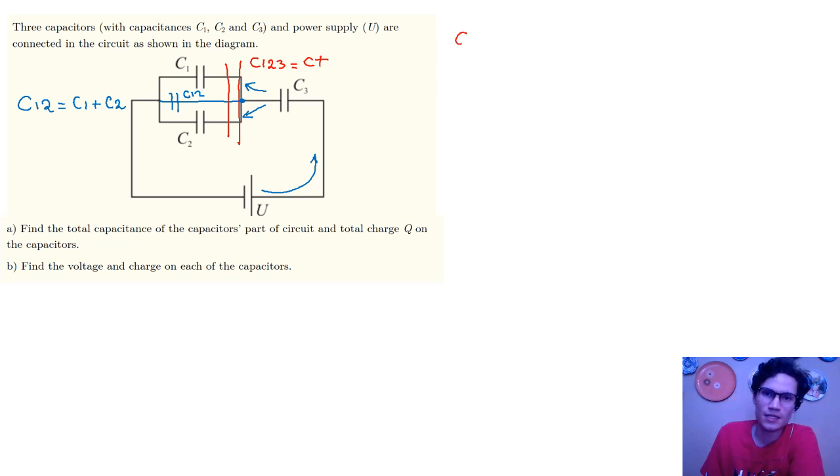This total capacitance will be equal to the inverse of C1 plus C2, plus the inverse of the other capacitance, 1 over C3, everything to the minus 1.